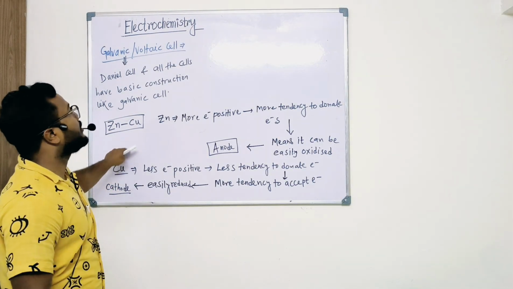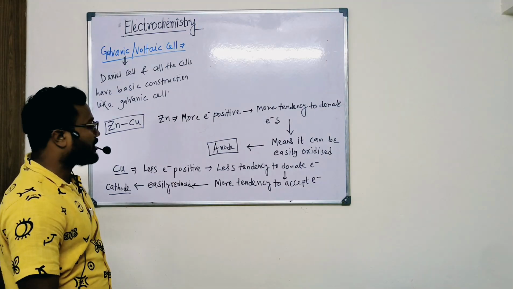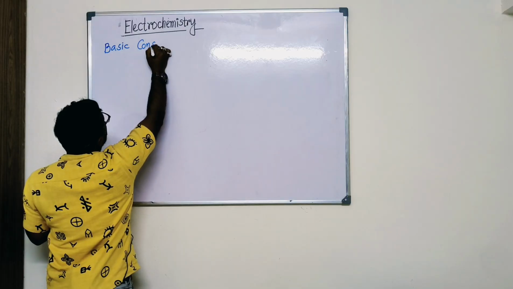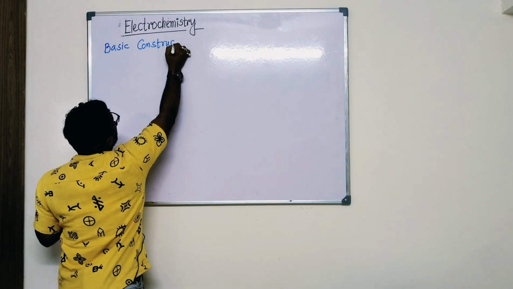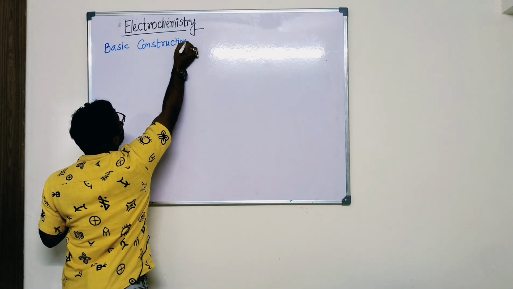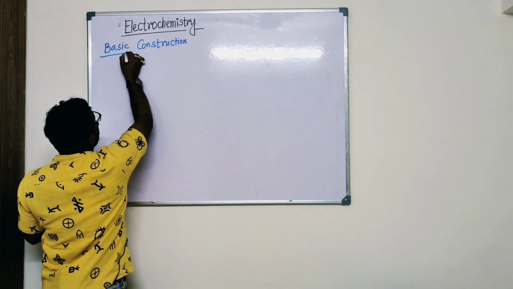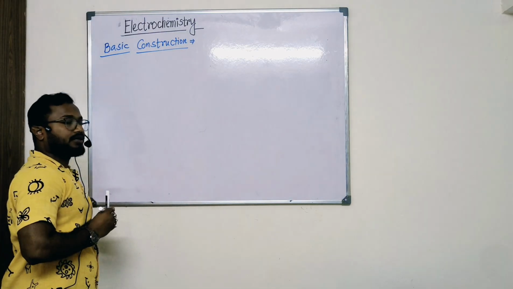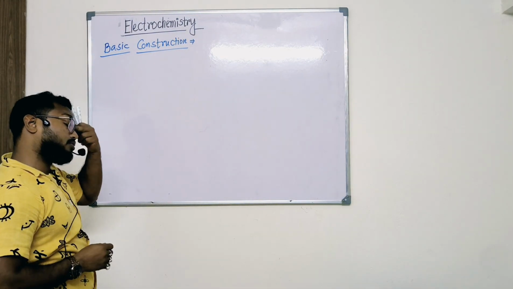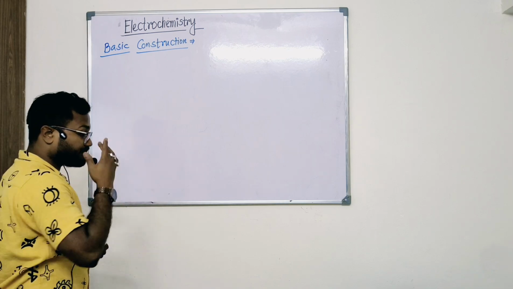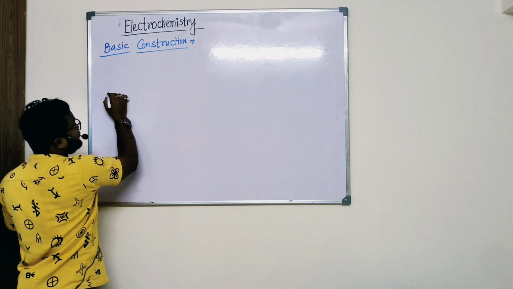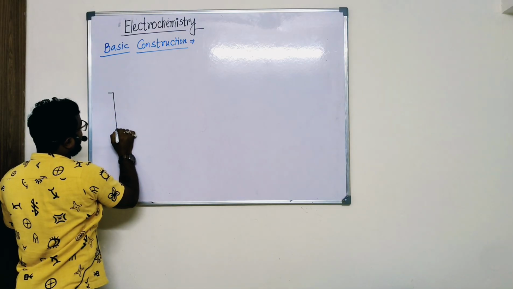So this is the basic idea about the cell, how zinc and copper can be used. Construction: how the cell is made and how we are going to draw it. See, first we are taking two containers.